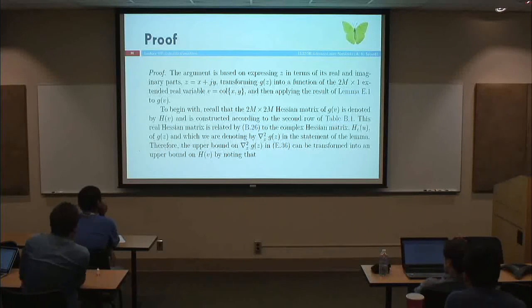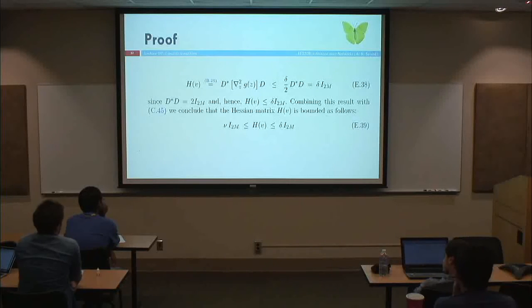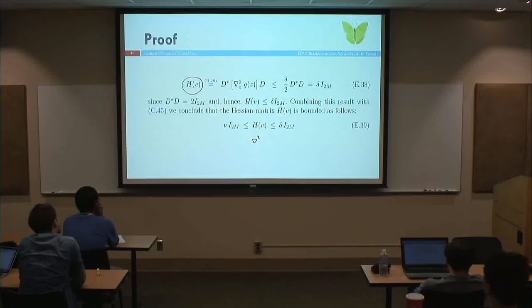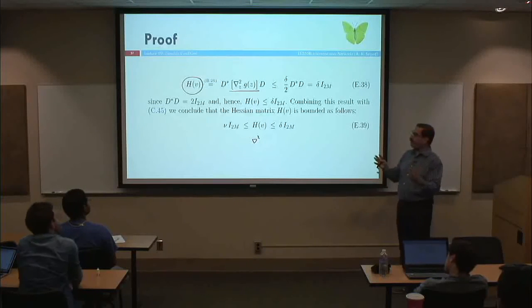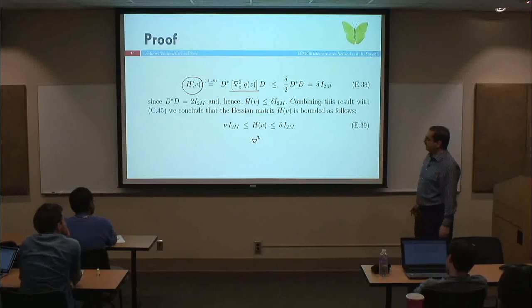So if you remember, last time I showed you the relation, by the way, between the Hessian in the real domain and the Hessian in the complex domain. Remember that there is a D star relating them, okay?